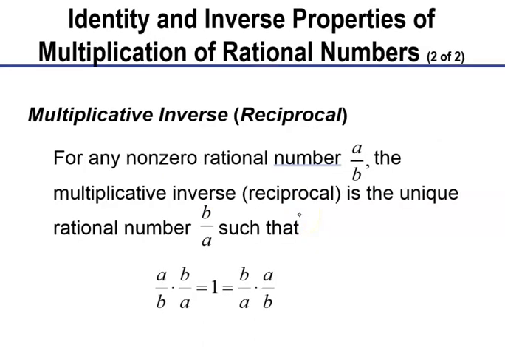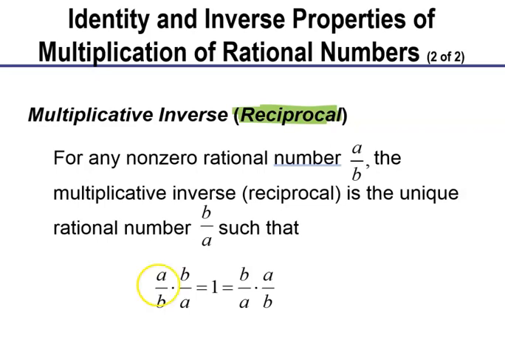Okay? We also have a multiplicative inverse. This is called the reciprocal. So you'll hear me call this the reciprocal when we're using it to solve problems, but the multiplicative inverse is something that you multiply a number by to give you the identity, which is 1.